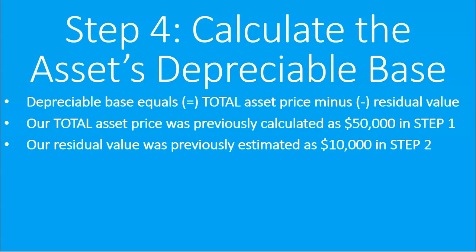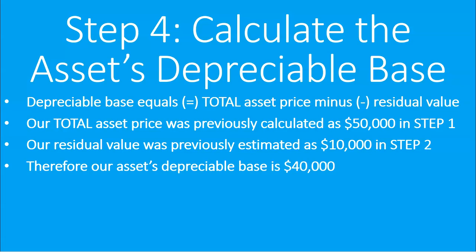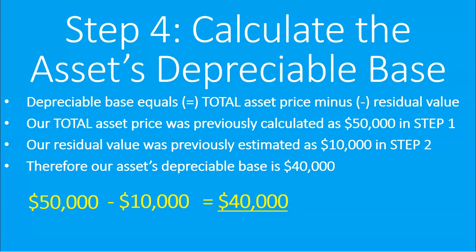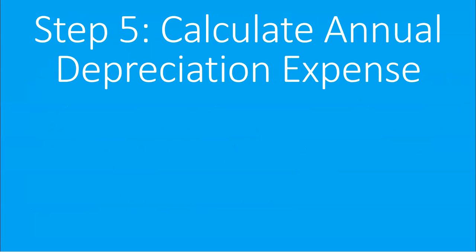We also, in step 2, estimated that our residual value was going to be $10,000. Therefore, our asset's depreciable base is $40,000, and that constitutes our $50,000 total asset price minus the $10,000 salvage value is going to give us our depreciable base of $40,000.